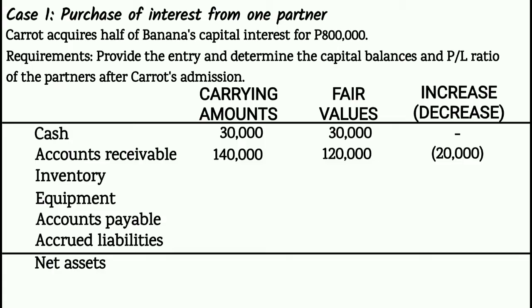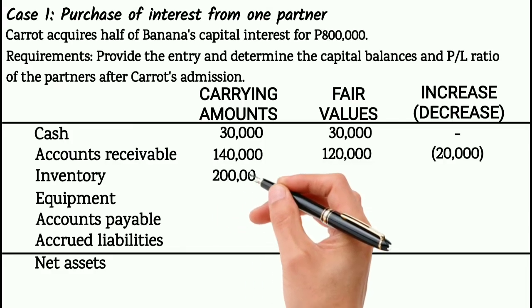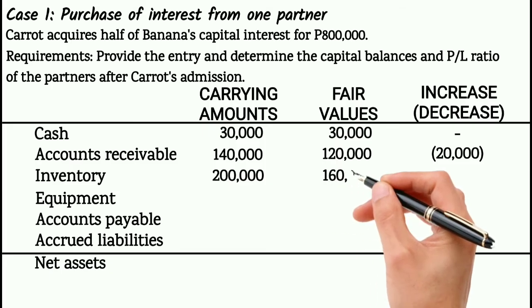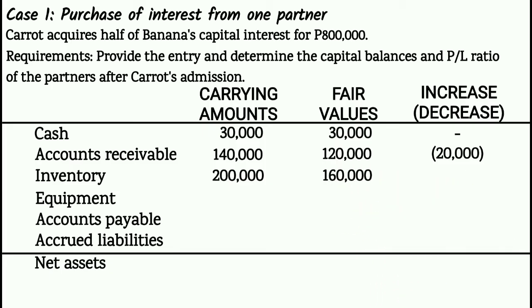Next, inventory. Ang carrying amount ng inventory ay 200,000 pesos. Pero ang net realizable value ay 160,000 pesos. Since ang carrying amount ay 200,000 pesos at ang fair value ay 160,000 pesos, merong decrease na 40,000 pesos. Since nag-decrease ang inventory by 40,000 pesos, ang effect niyan sa net assets ay decrease.